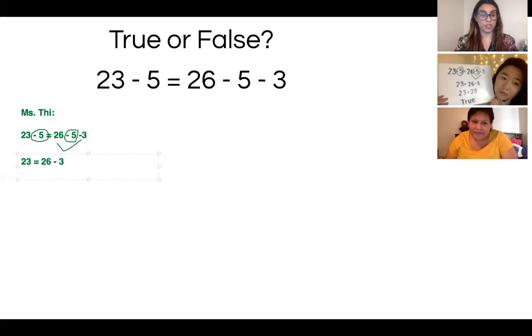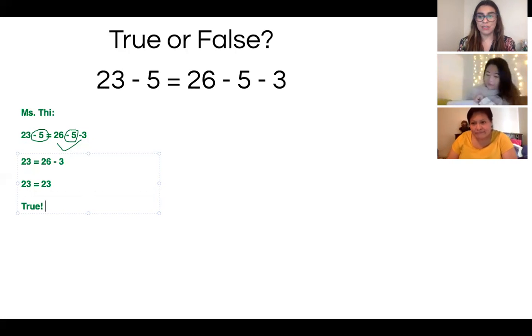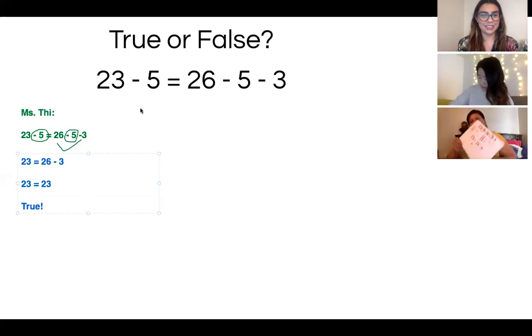And you got that 23 is equal or the same as 23. So the equation is true. Beautiful. Thank you, Miss T. And Miss Rosales, now it's your turn to share your findings.